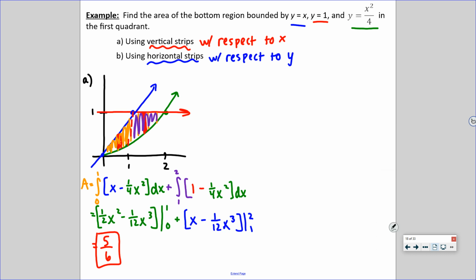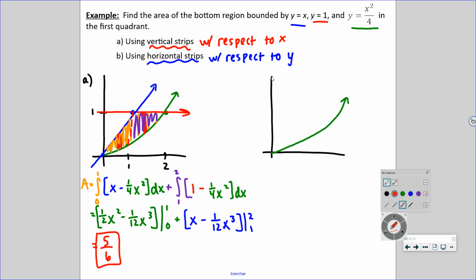So it's obviously going to be the same picture here. I'm just going to do a quick sketch. Same area, but this time we want our rectangles to be horizontal strips.